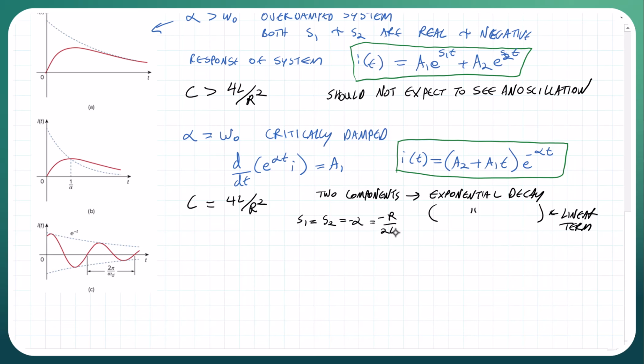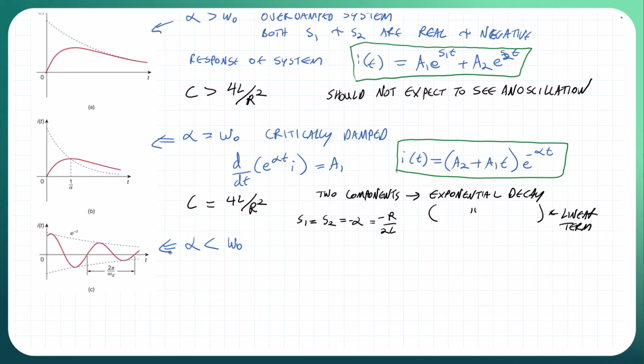Okay, and then we have our third case where we have underdamped. And our underdamped one is when we have alpha is less than omega naught, and each one of these correspond to the figure on the left. So this guy corresponds to this.